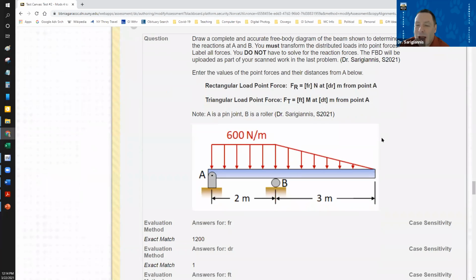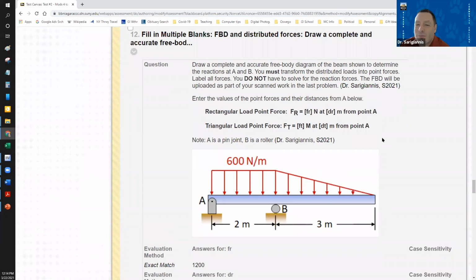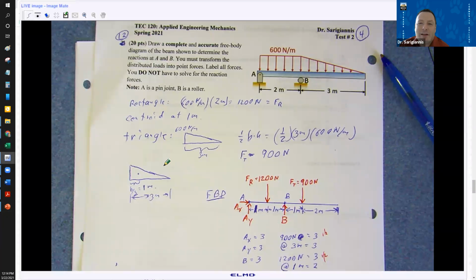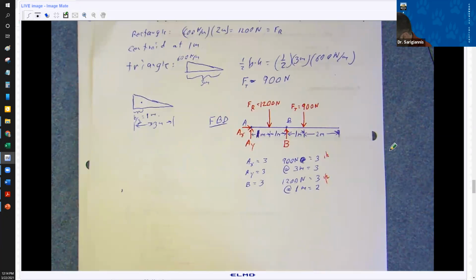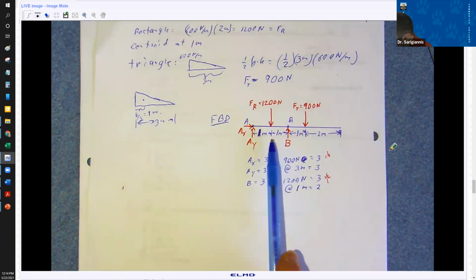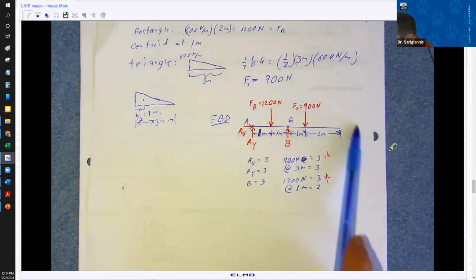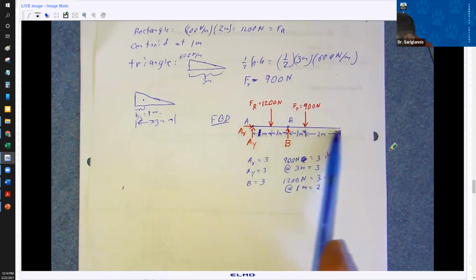The point of this problem was to be able to do both: draw the free body diagram, but also convert these distributed loads to point forces. My notes here are a little bit all over the place. But first of all, your free body diagram, you should start with drawing this out.